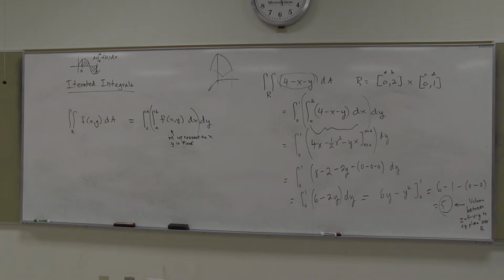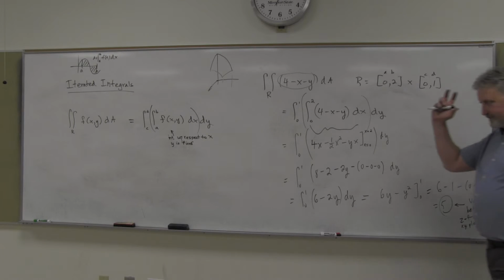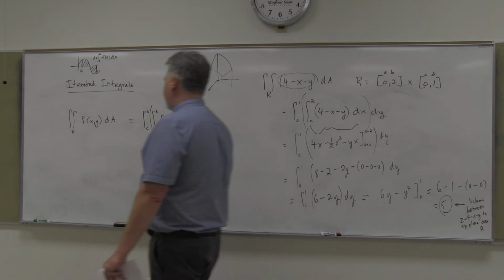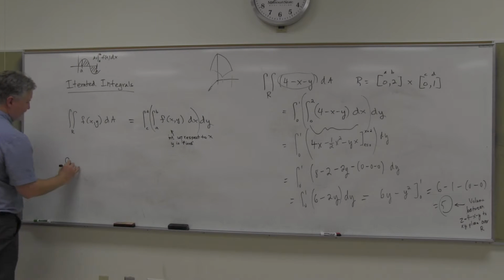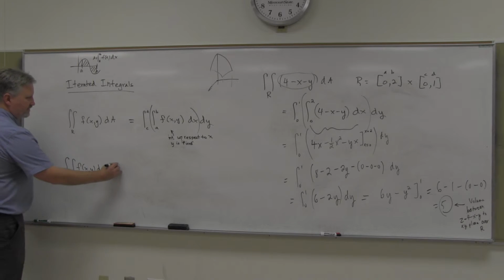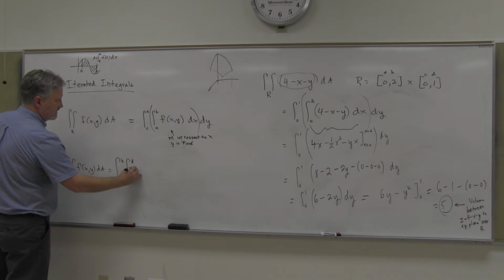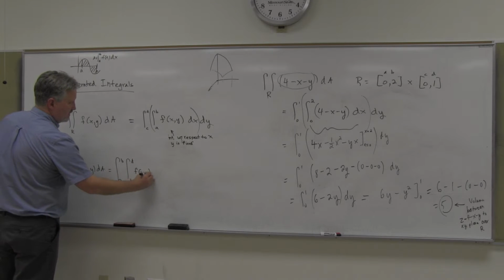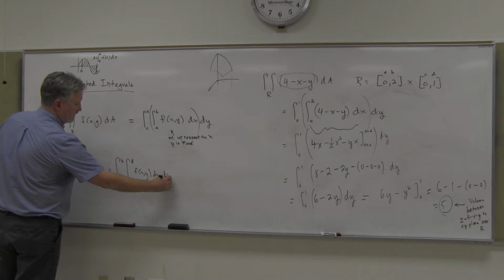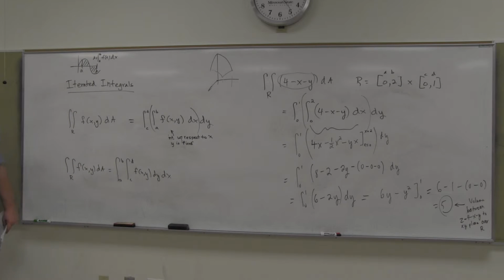All right, now, going back to this, what do you think this means? If I do A to B, and then C to D, f of x, y, dy, dx, what's the difference there?